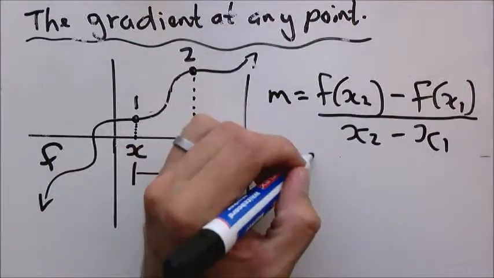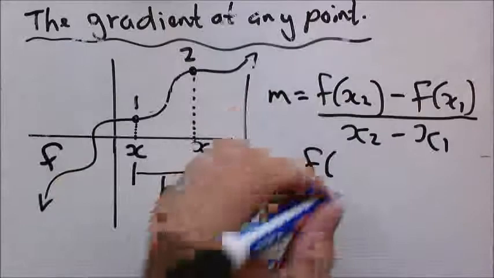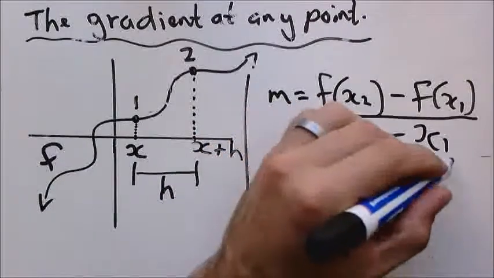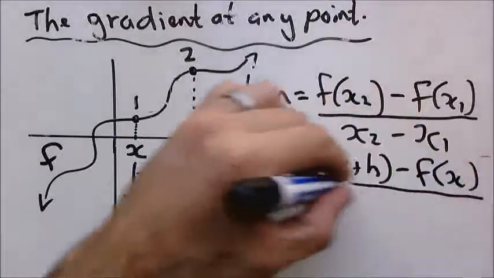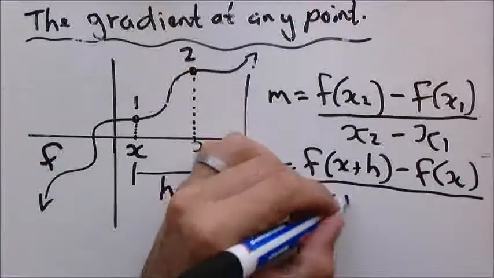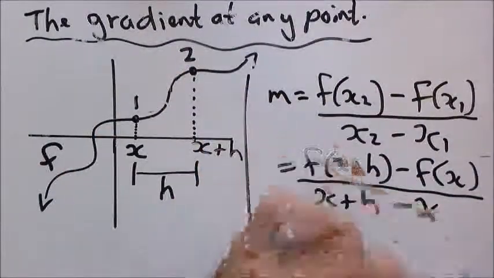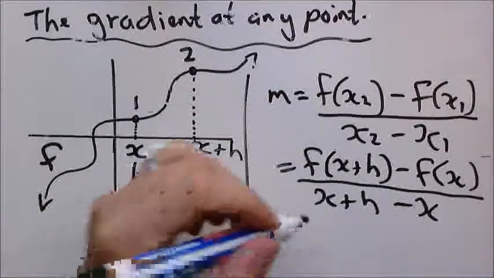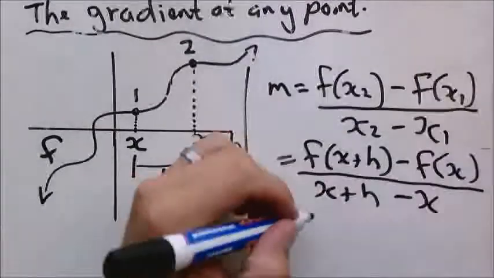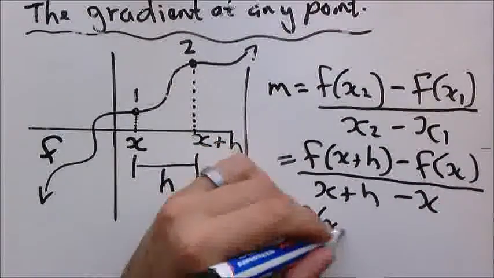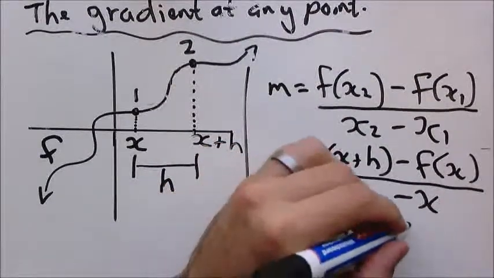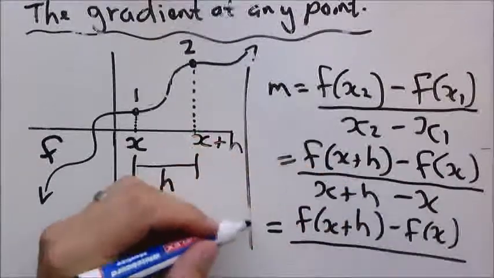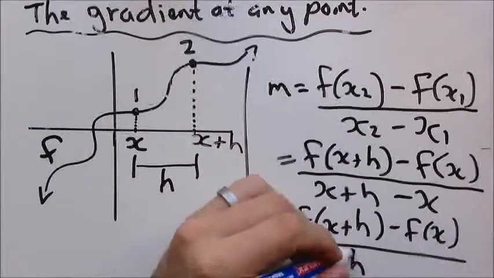So x2 is x plus h and x1 is x. Let's take it one step further, you'll see that x minus x becomes 0, so it's just an h.